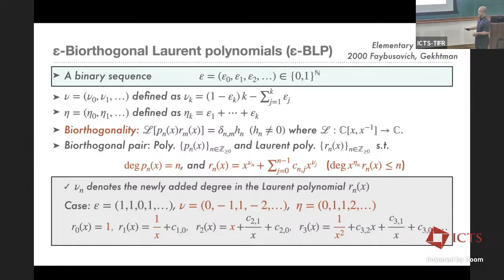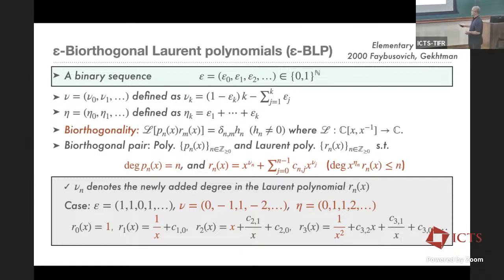And R1 is of first degree, but in this case, from epsilon 1, minus 1 appears. It means that the newly added degree, 1 over x, appears in the Laurent polynomial R1. Then the next nu defines the next addition of degree in R2, so here x to the 1, just x.